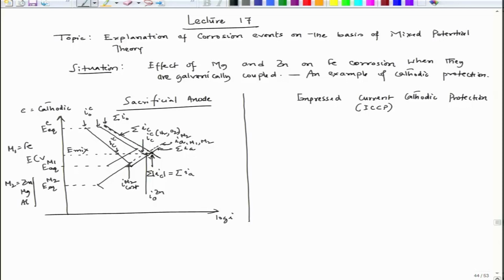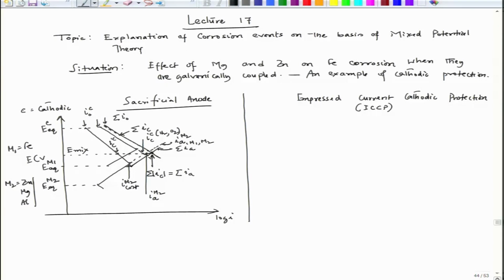So, I could see that IA of this is IA point, IA of zinc or M2, I could see M2 has gone up, whereas the dissolution of iron has gone down.